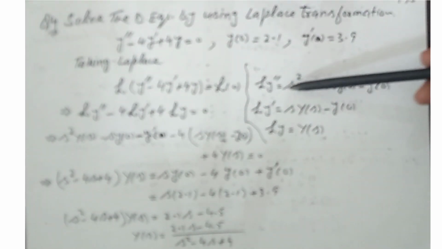So we put these formulas in place of y double dash. This becomes s square Y of s minus s y0 minus y dash 0. In place of Laplace y dash, we put this formula, s Y of s minus y of 0, plus 4 Laplace of y, which is capital Y of s. So in place of Laplace y, we put Y of s, and this equals 0.